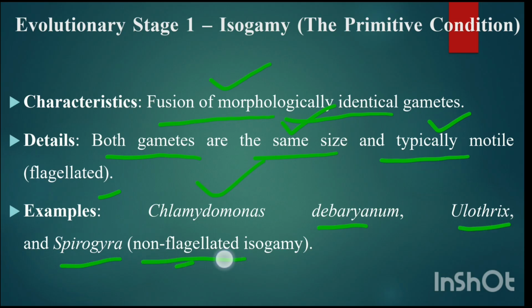So they show non-flagellated isogamy. So isogamy is the most primitive stage, where two morphologically identical gametes, that means both the gametes look the same, fuse with each other to form a zygote. So it is called isogamy.